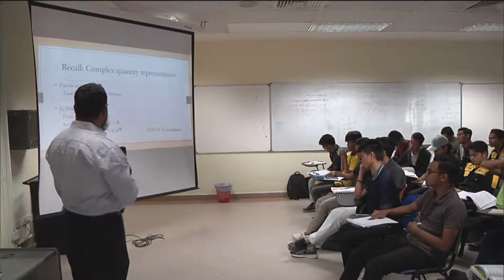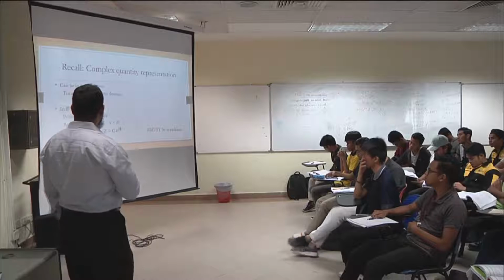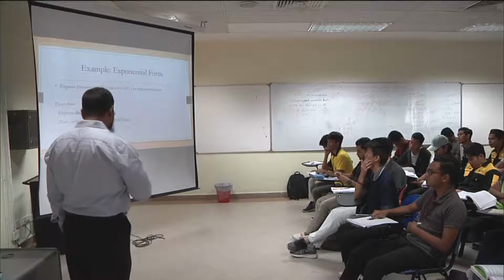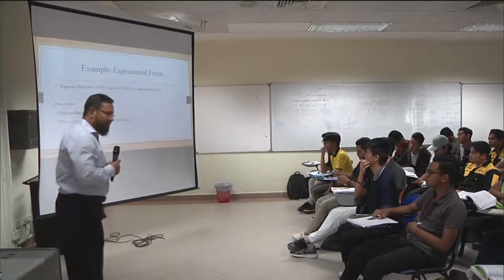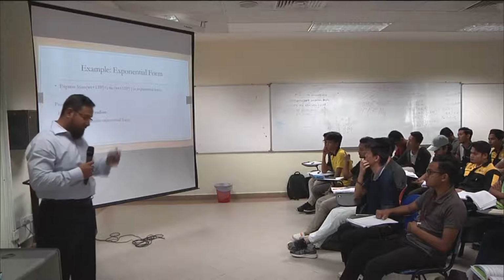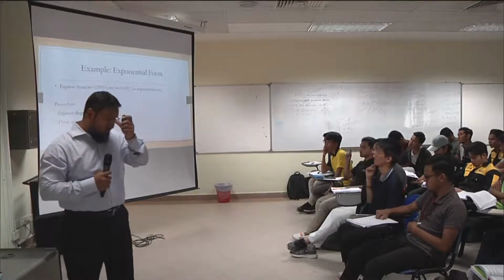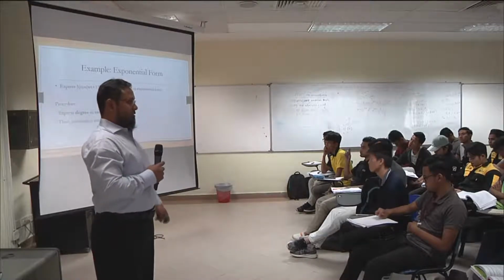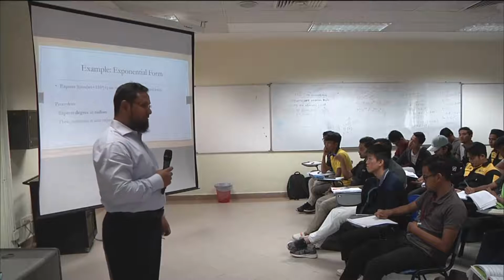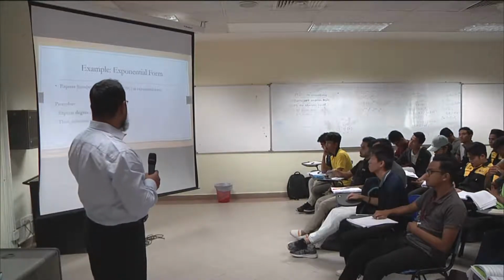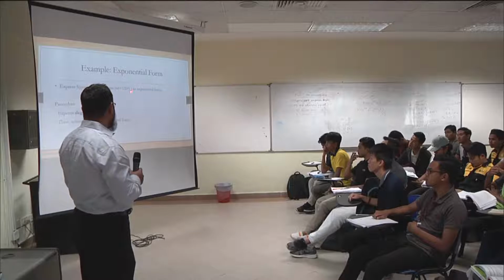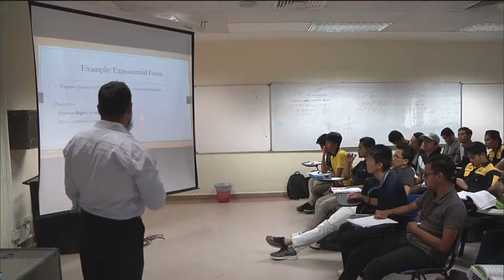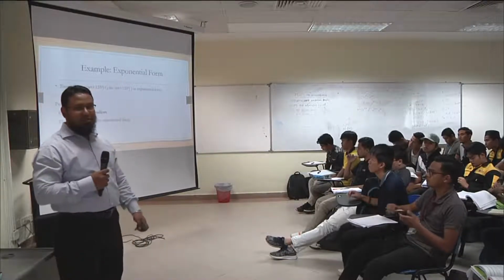Complex quantity, we covered this in the last lecture. Example, exponential form. So we'll talk a little bit about exponential form. We actually did not do this in the last lecture. In the last two lectures, we only talked about polar form and rectangular form. But there's another form to represent this phasor, which we are not going to be using that much, and this is called exponential form. Okay? And this exponential form actually comes from Euler identity.